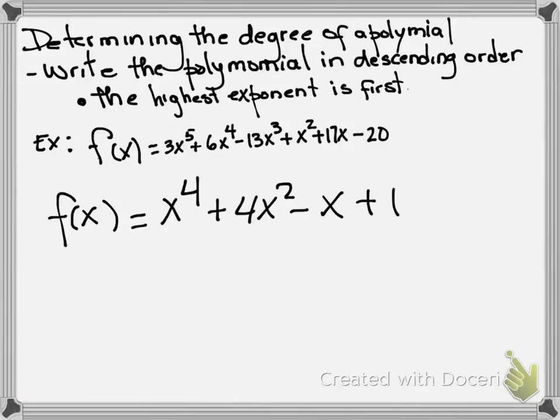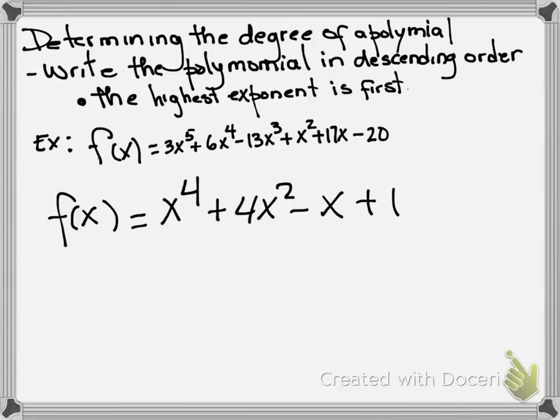This also is a standard form such that we have x to the 4th plus 4x squared minus x plus 1. Now, ladies and gentlemen, if you notice this, there's no x to the 3rd power. There's no expression with x to the 3rd power.